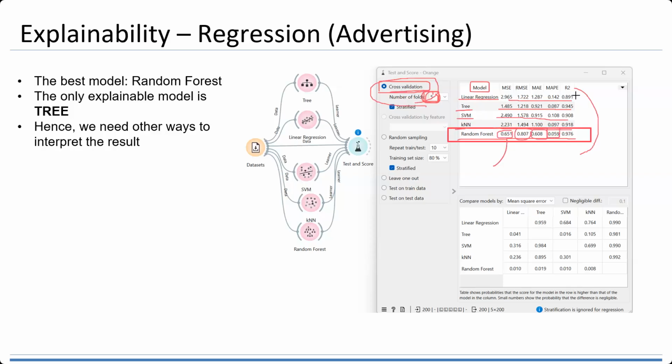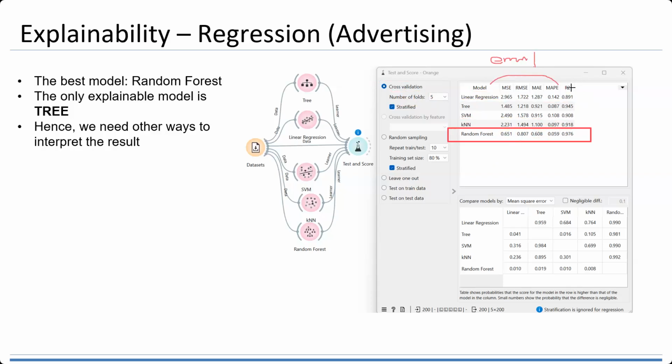And R square. What is R square? It is to show the relationship between those attributes. For the R square, we want to see the maximum score. So this error, we want to get the minimum.